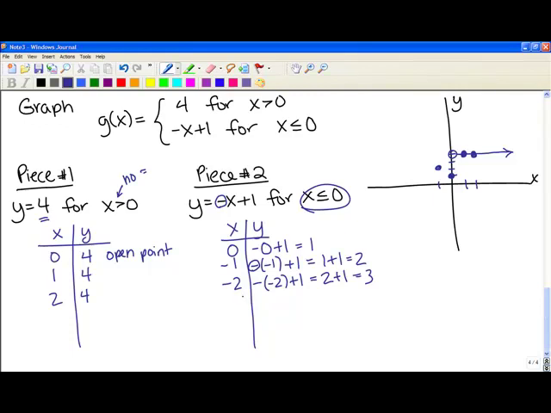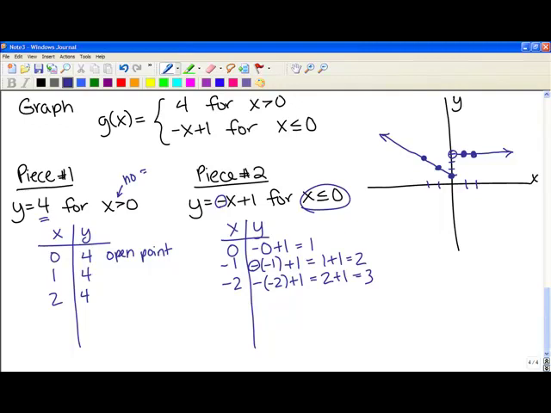And our last point is negative 2, 3. Go over negative 2 and up 3 right here. So we'll connect these points and get the other piece going over to the left. So that is the answer for the graph of this piecewise function.